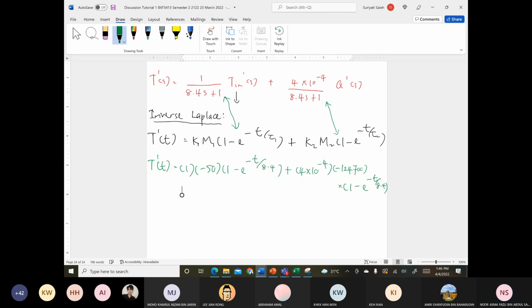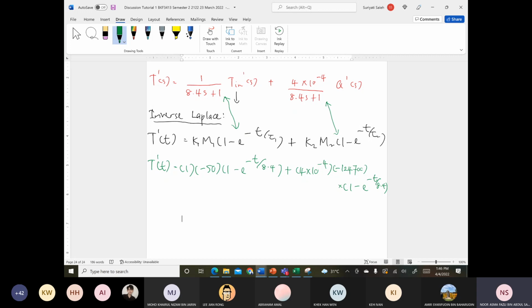Alright. So since we already achieved the first order transfer function, then we can simply take the inverse Laplace form. Based on the inverse Laplace form, we substitute all the parameters inside the time domain response. So for this case, we already substituted it.